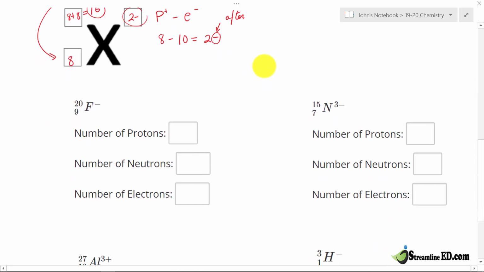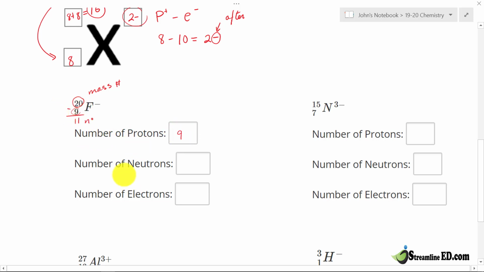Now let's try another problem. Here we have 20, and then we have F with a minus charge. Again, we know this is your mass number, and you subtract, what do we get? 20 minus 9, that's 11 neutrons. First of all, the number of protons is the same as that number, 9.